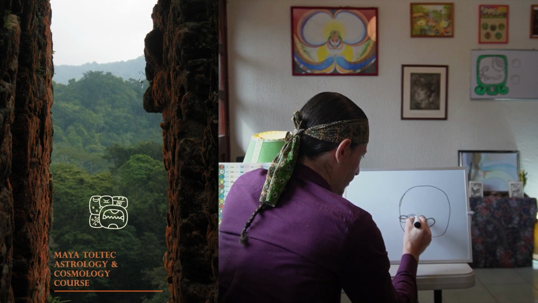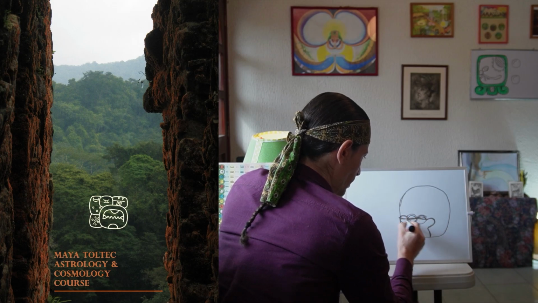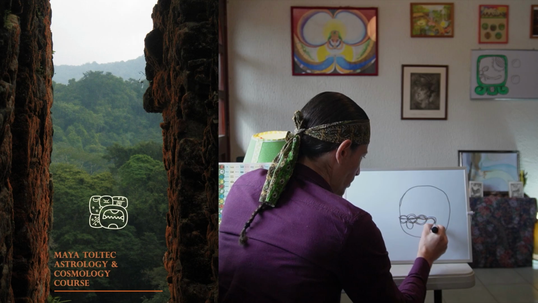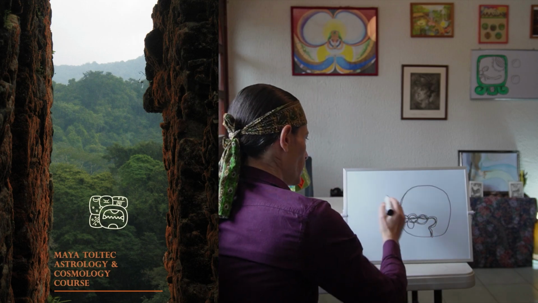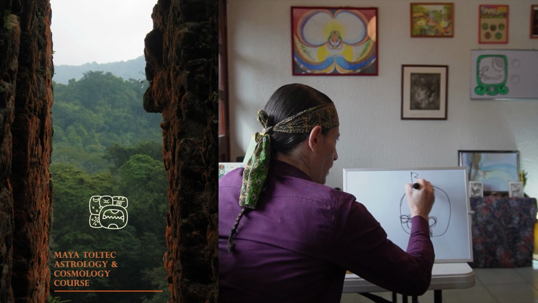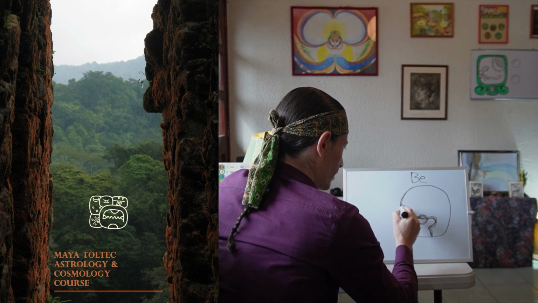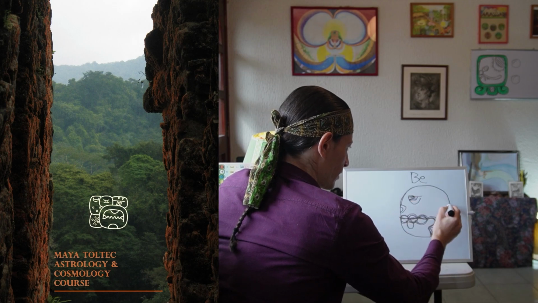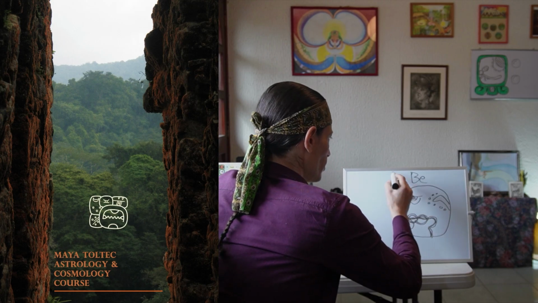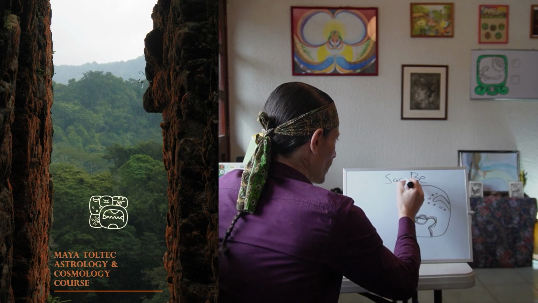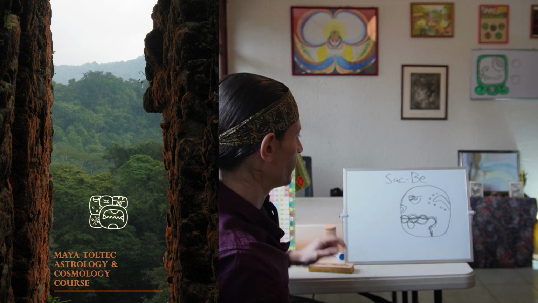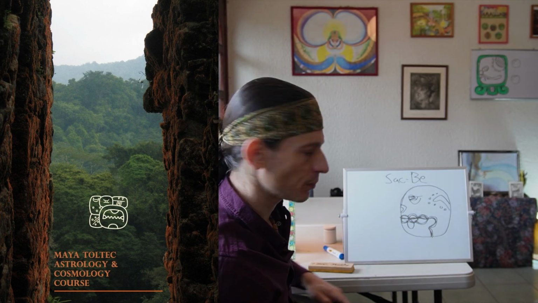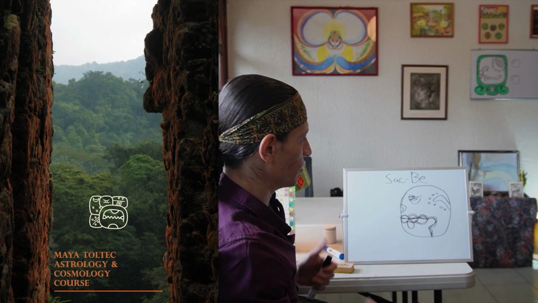And this is very representative of a concept in Maya worldview, which is the be, the path. Okay, so be is a path. It's a road. We saw in earlier modules about the sakbe, the white road, or the white roads that connect different sacred sites or city-states in the Maya lands.